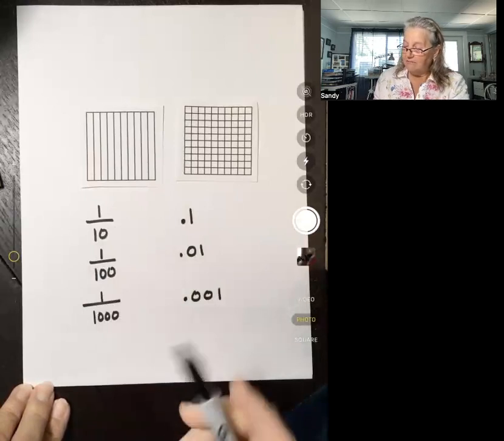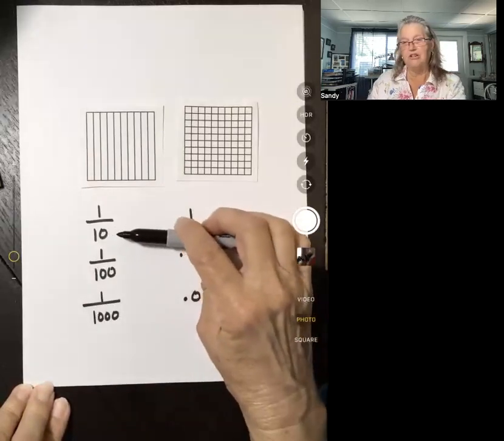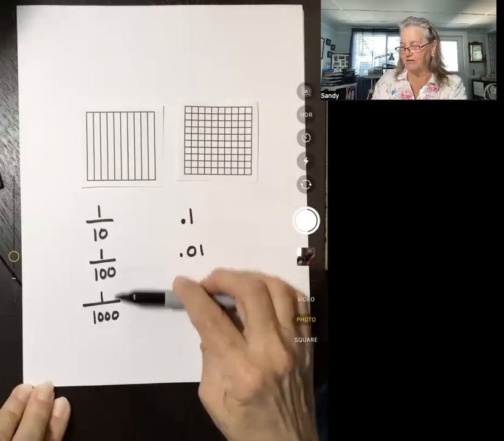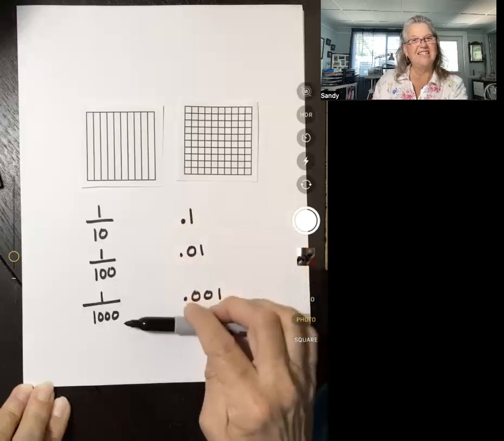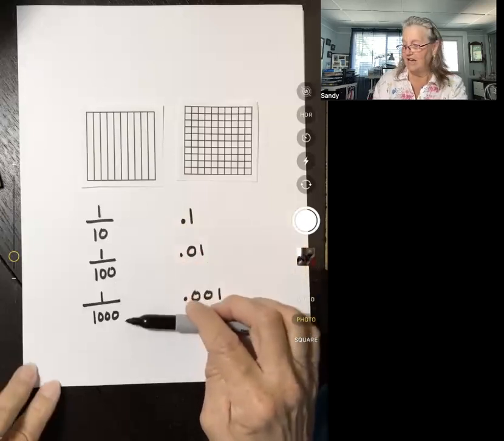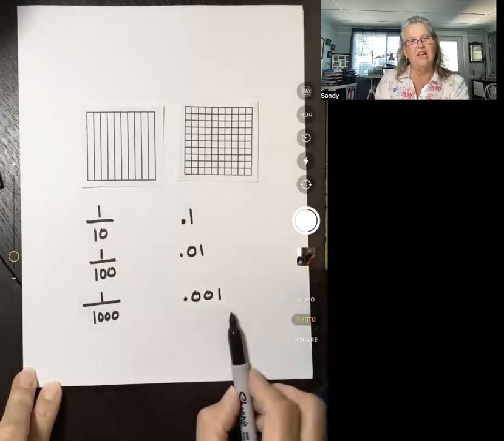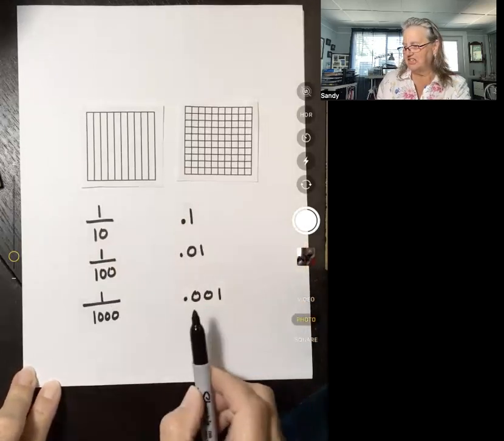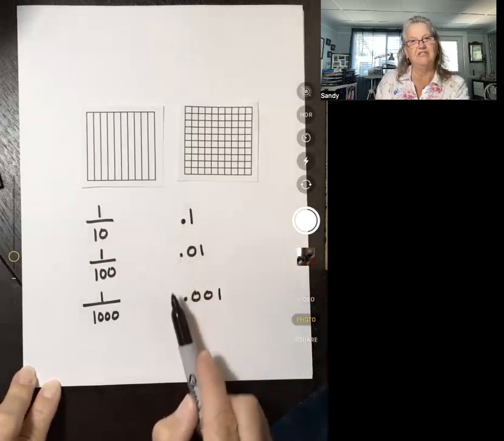Now, the difference, decimal fractions are just those fractions where the denominator is a power of 10. 10 to the first, 10 to the second, 10 to the third. Okay, that fits in, as I said, to our place value system. I also want to notice something. Did you notice that I don't have a leading zero?